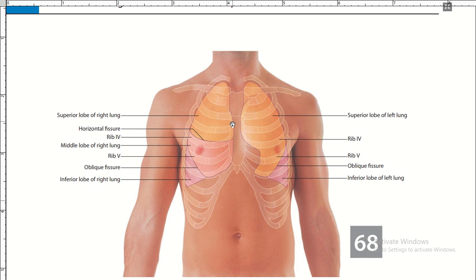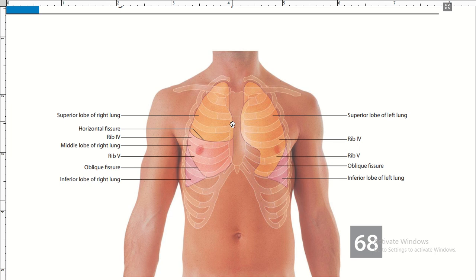About 75% of inspiration is performed by your diaphragm with the help of your external intercostal muscles. That's quiet inspiration, where you have about 16 to 20 breaths per minute. It's very important to understand this.